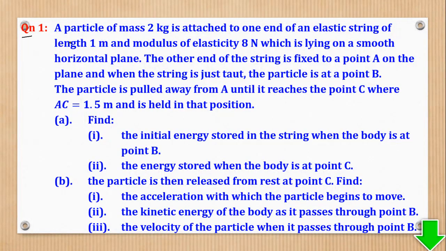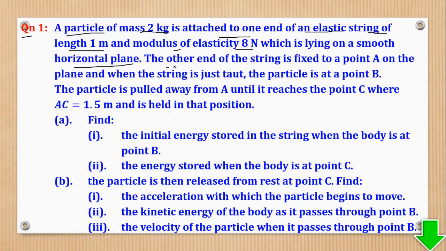Question 1. A particle of mass, so the question is a little long, but that shouldn't scare you. So read it and understand it, then we shall be able to answer it. So a particle of mass 2 kilograms is attached to one end of an elastic string of natural length 1 meter and modulus of elasticity 8 newtons, which is lying on a smooth horizontal plane.